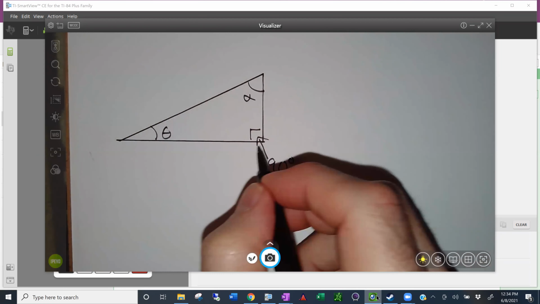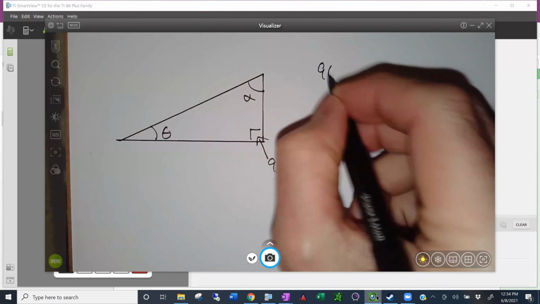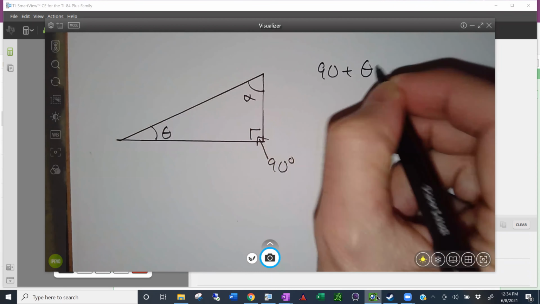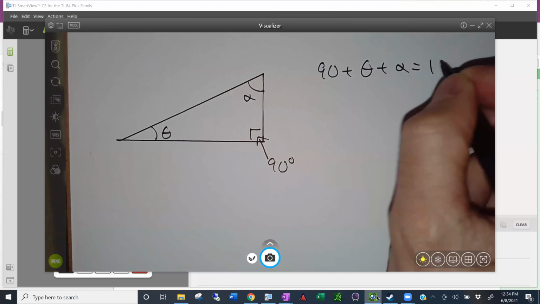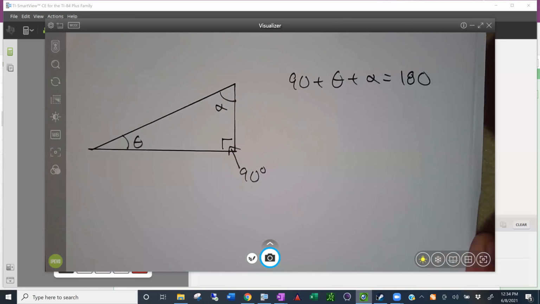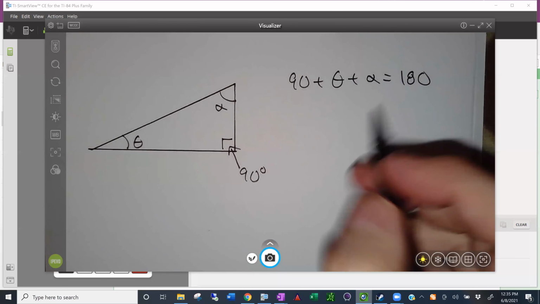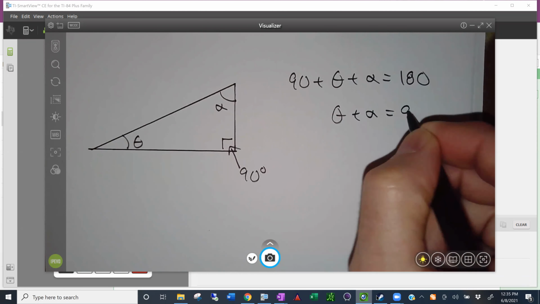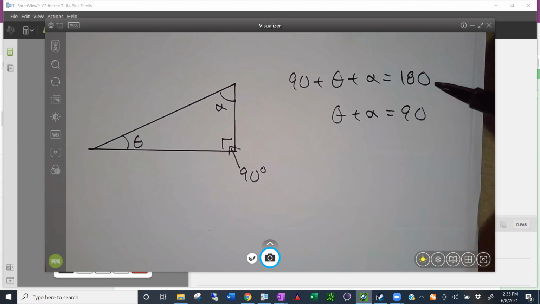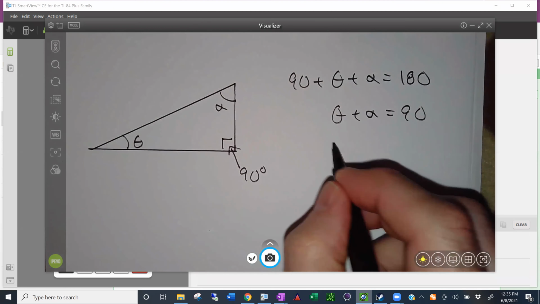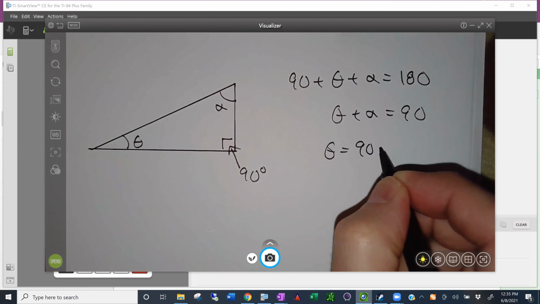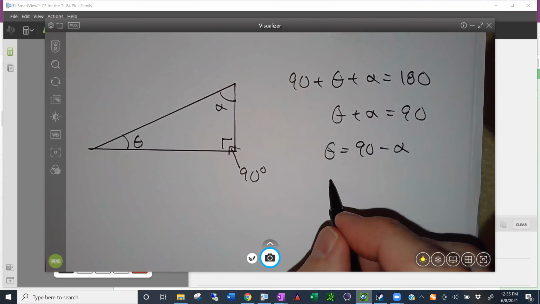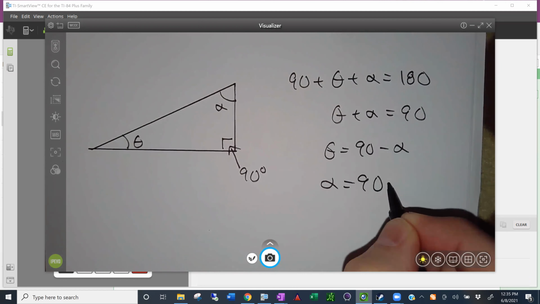We know that these three angles, 90 plus theta plus alpha, have to be 180. If I subtract 90 from both sides, I get theta plus alpha has to be 90. Or theta is 90 minus alpha, and alpha is 90 minus theta.